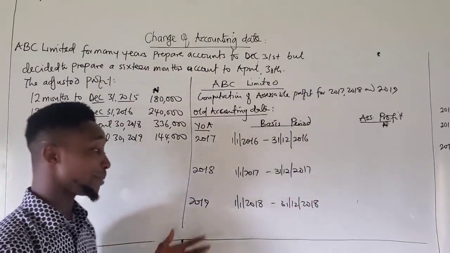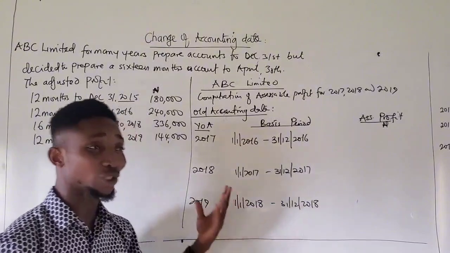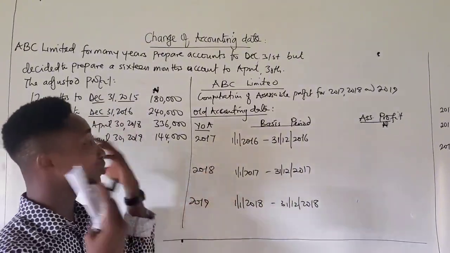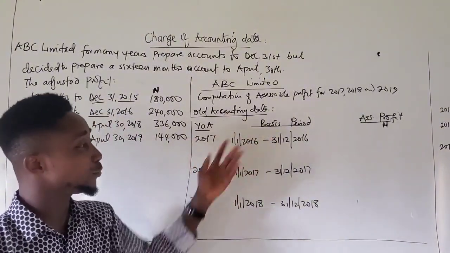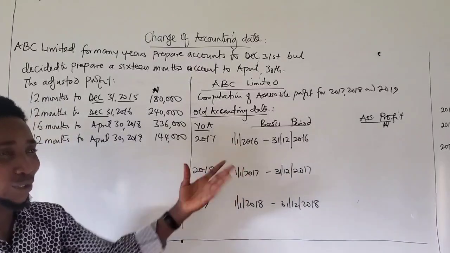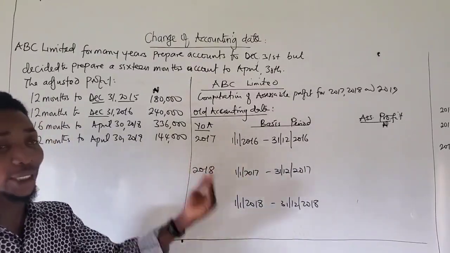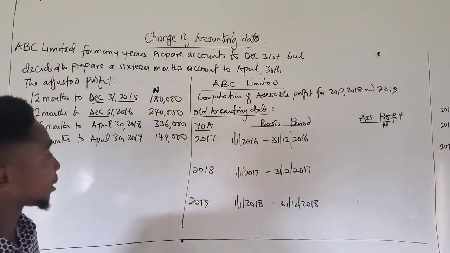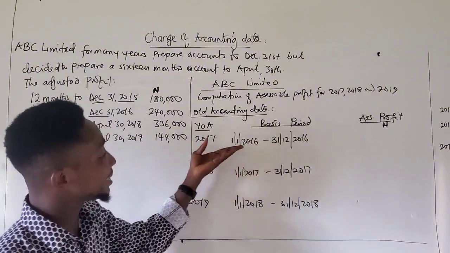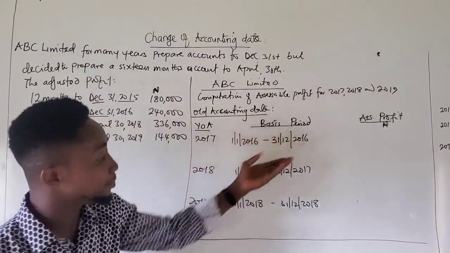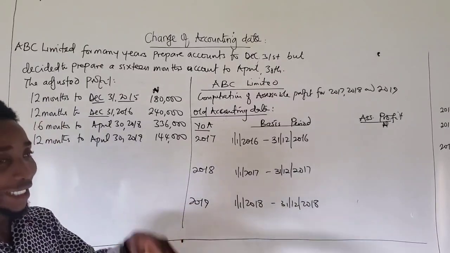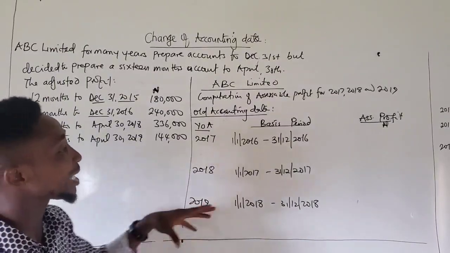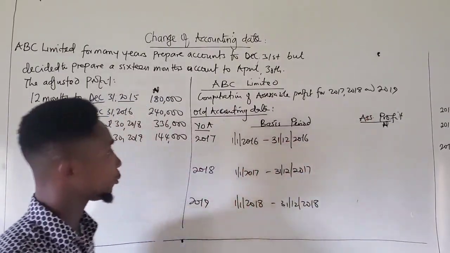I think beginners will be doing this process, but those that are already experts, they don't need to count. Even when there is overlap, they know what to do, so when you practice consistently, you definitely become a guru in this basis period matter. Now, you've been able to draw the basis period. The next challenge you have to battle with is how to fish out the assessable profit.